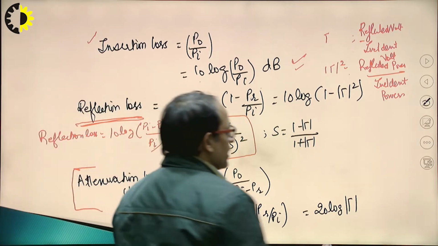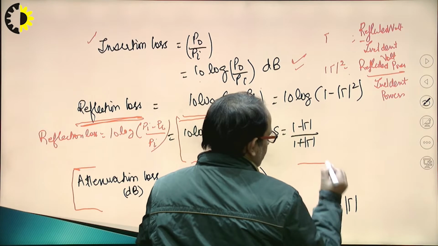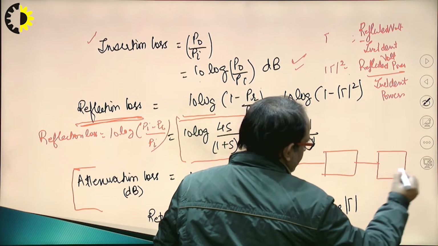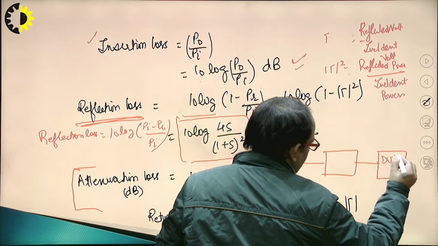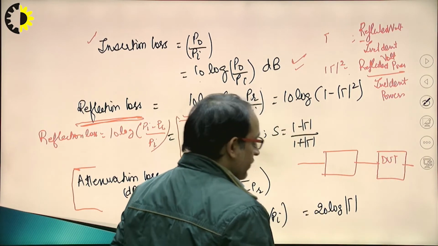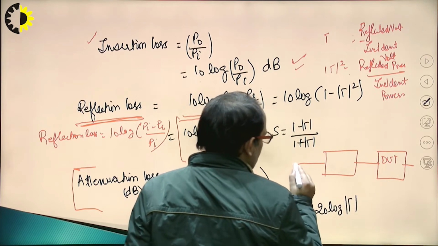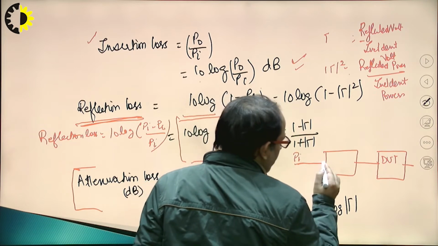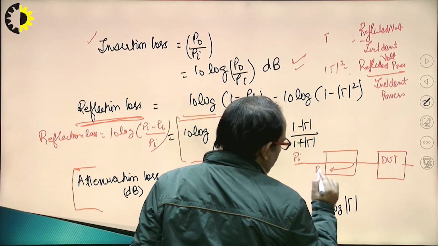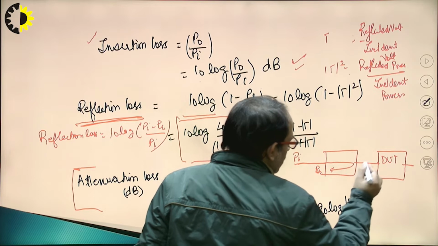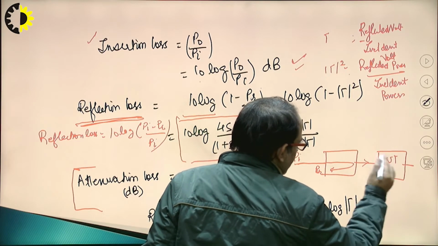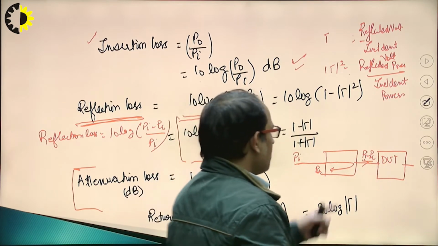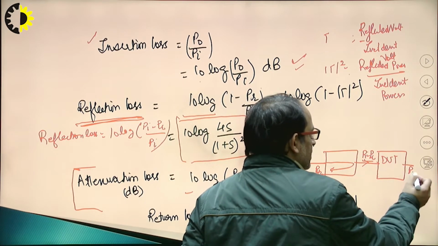Or you can say that if this is a device under test, and I am providing some input Pi and some power PR is reflected back, then the device under test has an actual input of Pi minus PR, and the output is PO.